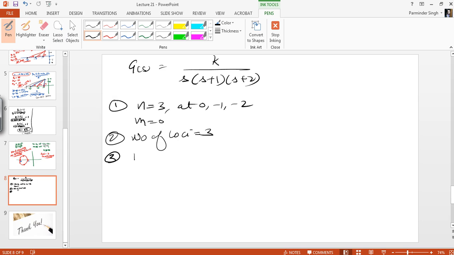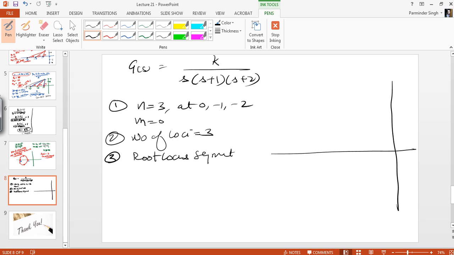Third part, root locus segment. Root locus segment we need to plot. Now for that, let's take a graph. -1, -2, -3, -4, 1, 2, 3, 0.